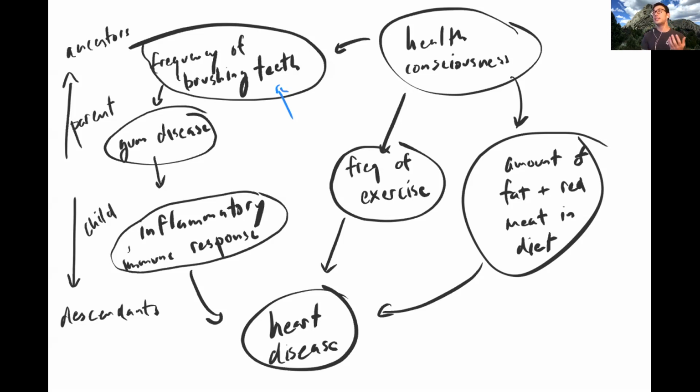So suppose I can observe a bunch of people who have different levels of heart disease and have different frequencies of brushing their teeth. In the previous model, you may be able to elicit the causal relationship by understanding differences in the amount of people brushing their teeth related to differences in heart disease.